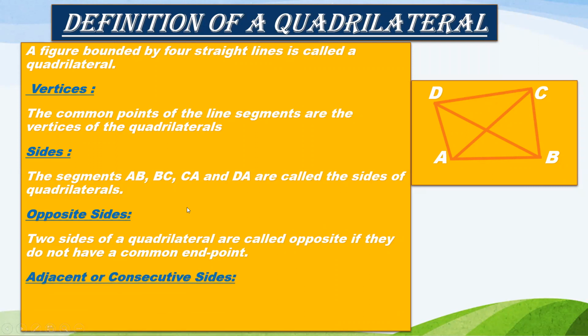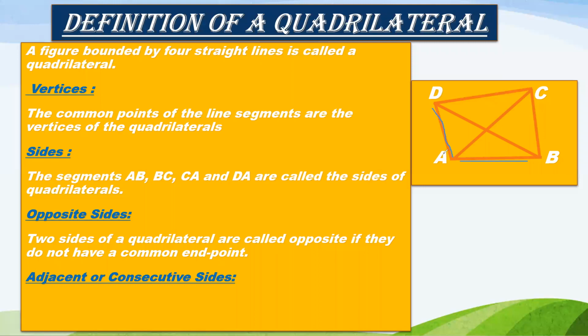Now the next one is adjacent or consecutive sides. Here you can see in this diagram, side AB and side AD. These two sides are called adjacent sides, right? Why?